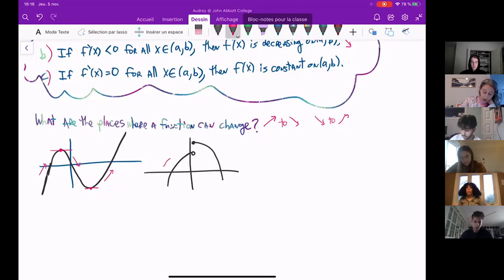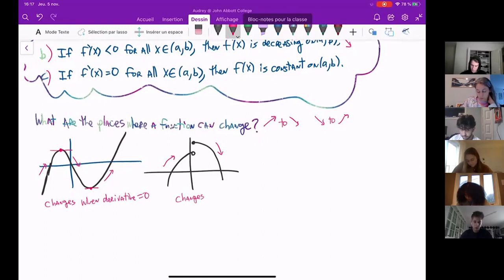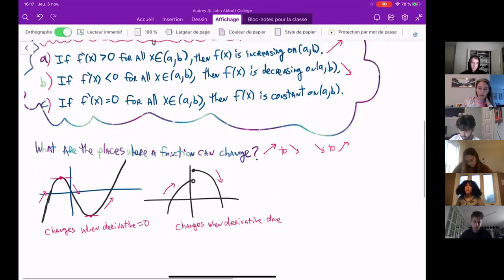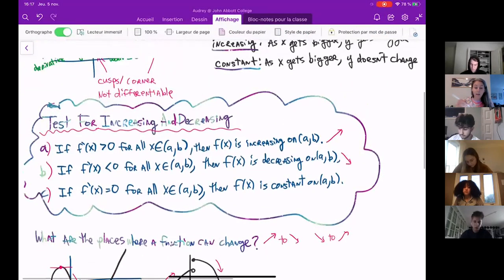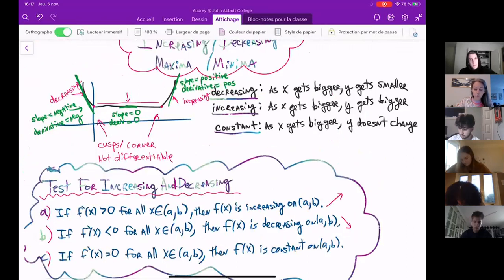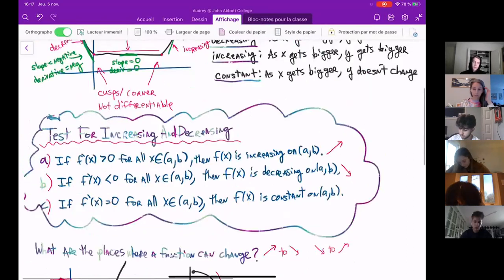So here we have that it changes when the derivative equals 0. And here we have that it changes when the derivative does not exist. And that's the same thing up here. It changed when the derivative does not exist.